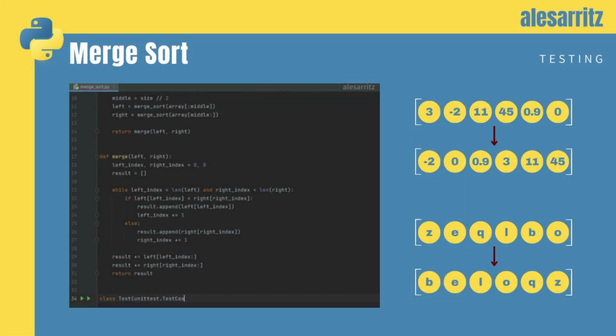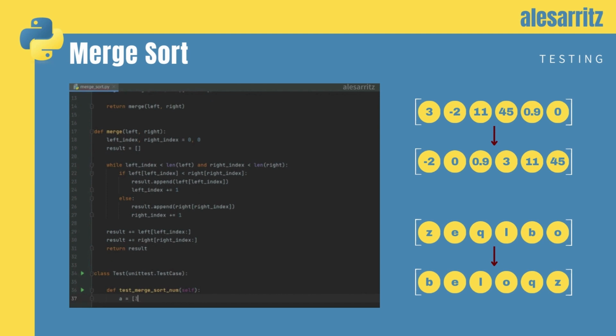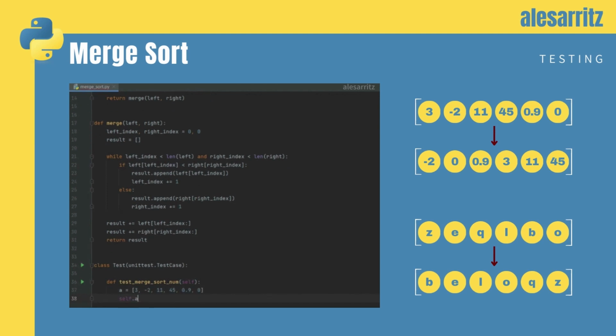Let's now rapidly write a test class to make sure that our algorithm works. In the first test, we'll use an unordered array of integers and doubles, while in the second we'll use an unordered array of chars.